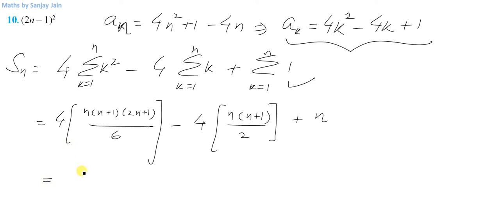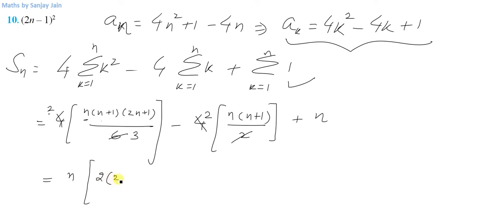So how do I simplify it further? I can take n common from everywhere, and let me cancel this. This will become 2, this will become 2, and this will be 3. So I am taking n outside. From the first term I have taken this outside. n plus 1 into 2n plus 1 will give me, and there is this 2 which is being multiplied here. Okay, let me do it separately.